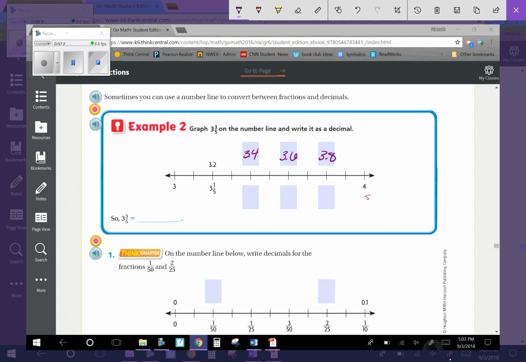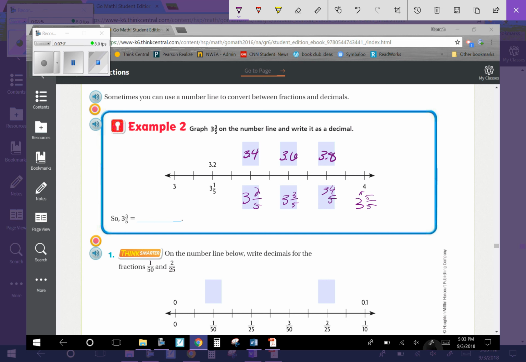Okay, so if I get to 5/5, that's another whole. So I know that every other line here is 1/5. Because we went 3, skip 1, 3 1/5, skip 1, 3 2/5, skip 1, 3 3/5, skip 1, 3 4/5, and this would be 3 5/5, which equals 4.